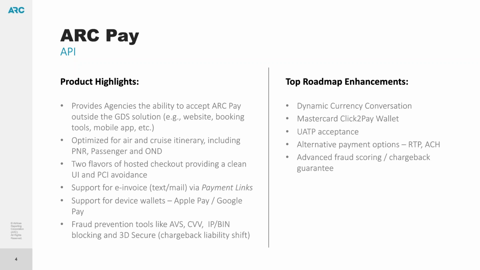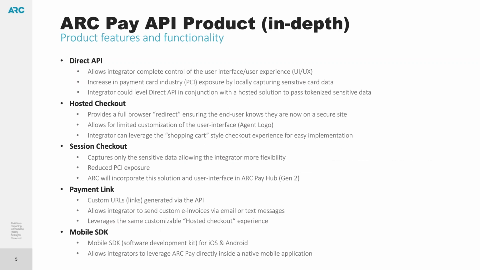And then additional chargeback and fraud-related items like chargeback guarantee. And last but not least is dynamic currency conversion. So this would allow your customers to pay in their home currency, but deposits would still be made in US dollars.